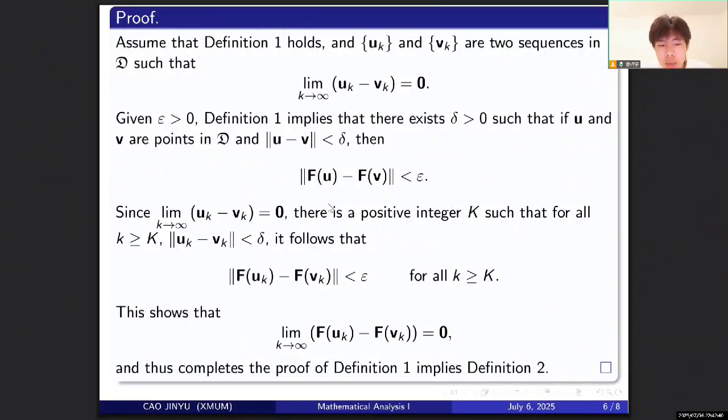Thus, we complete the proof from definition 1 to definition 2.